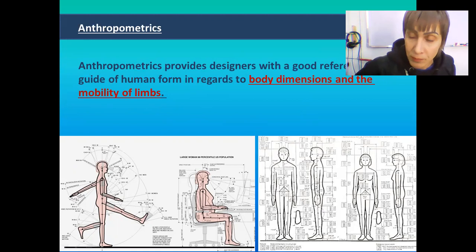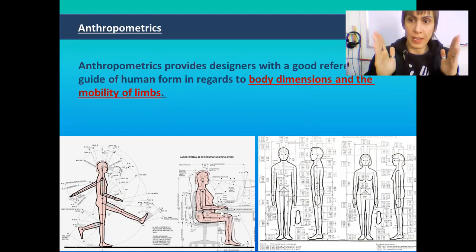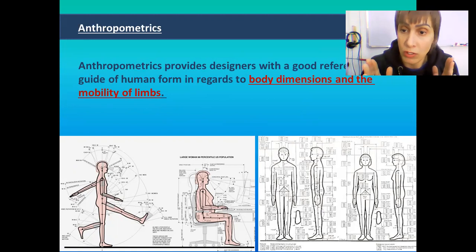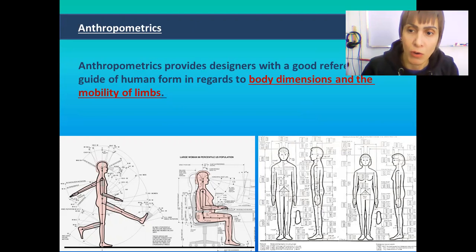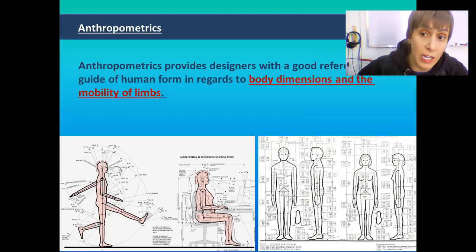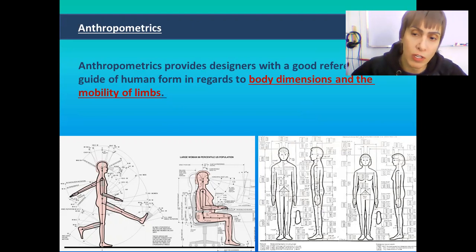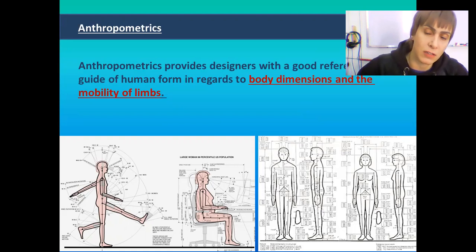Because the human body is not staying in a static position. As we said before, the human body is in constant movement. So we need to know the mobility of the limbs, of the different parts. How much can I move my limbs? How much can I stretch my body? Because this is related to design. If I design something and I consider the human body as a static, non-moving object, your design will not be very correct.